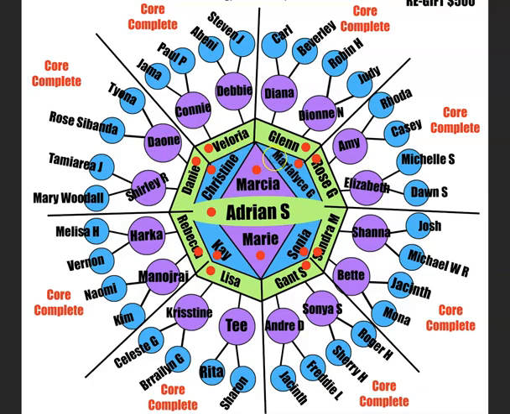Now, every person, remember, needs to bring two people. So this person brought in their 2, this person brought in their 2, and so forth and so on, all the way around the board. Okay. They all brought in their 2.